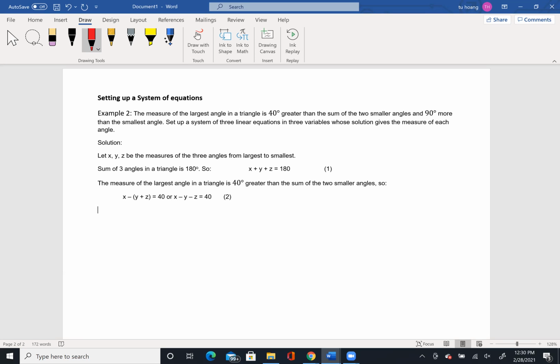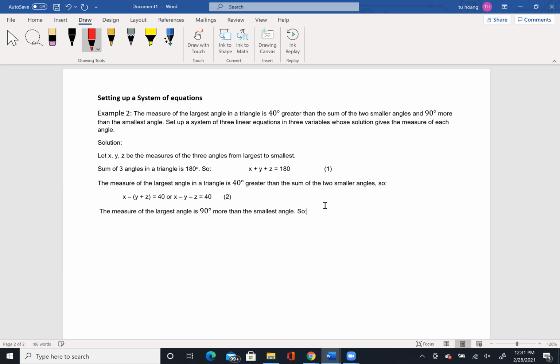Okay. What else do I have? I have the measure of the largest angle is 90 degrees more than the smallest angle.